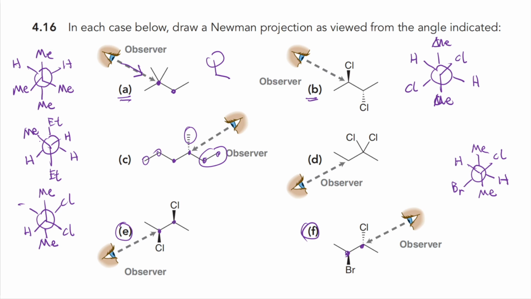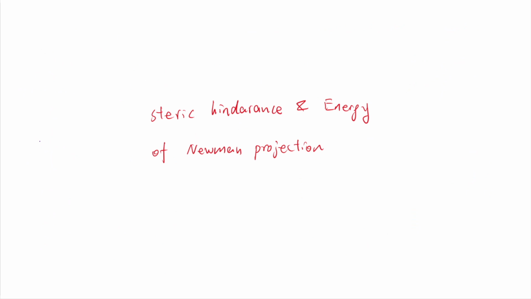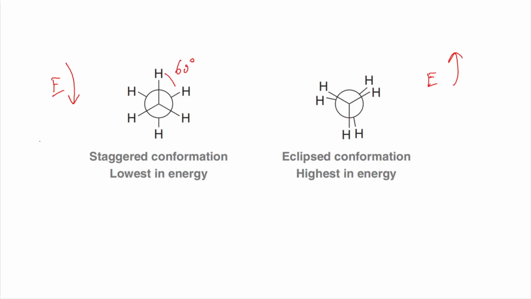Okay, so let's go to the steric hindrance and energy of Newman projections. We can see we have two conformations of Newman projections.